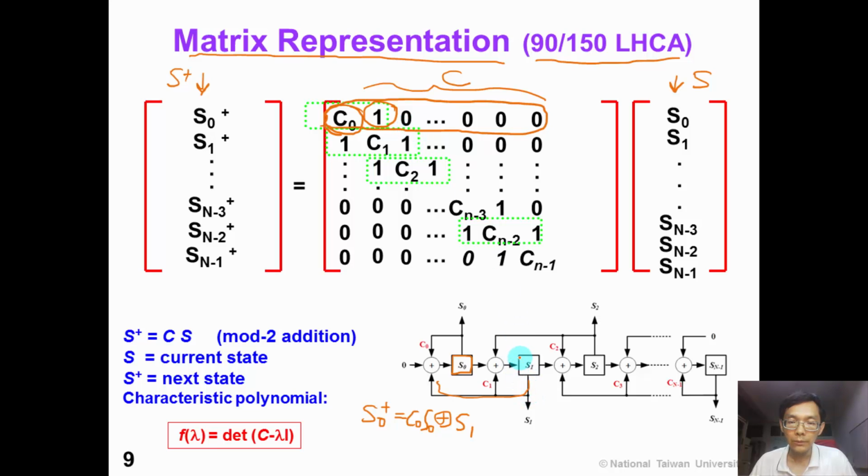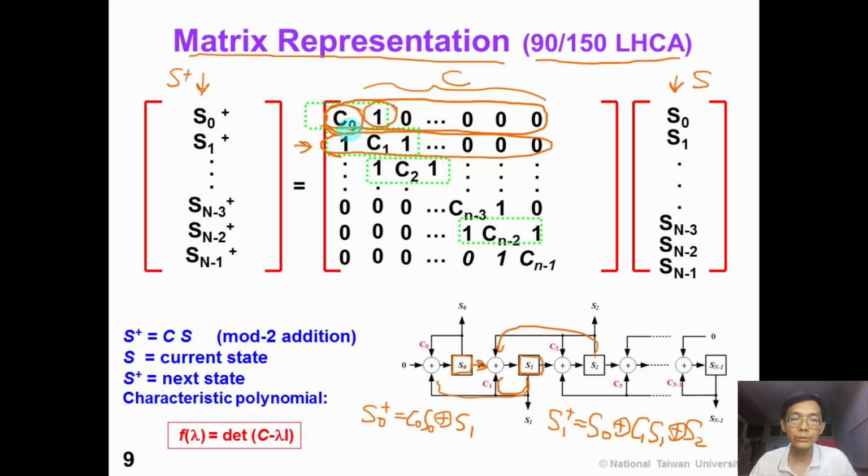Similarly, for S1, we know that the next state of S1 is equal to the left neighbor, which is S0, inclusive or S1 itself, which is C1 S1, inclusive or the right neighbor, which is S2. So in the second row, we have elements 1, C1, 1, 0, 0, 0, and so on.